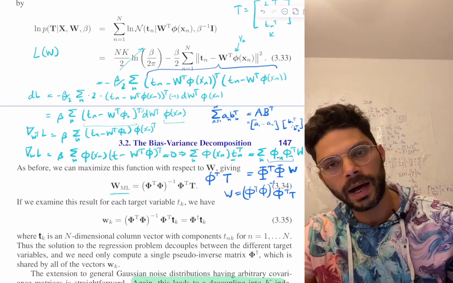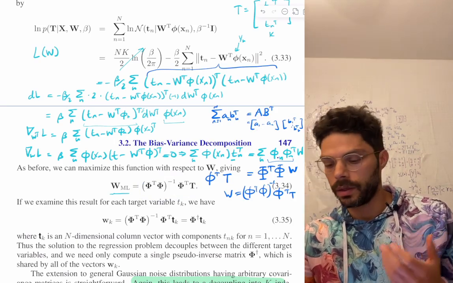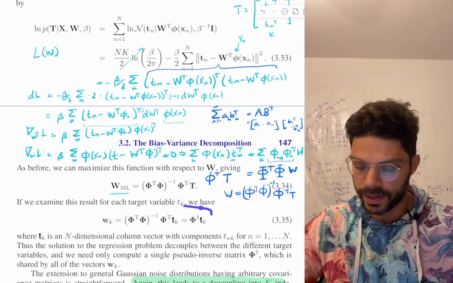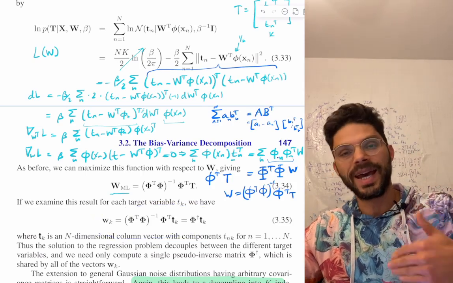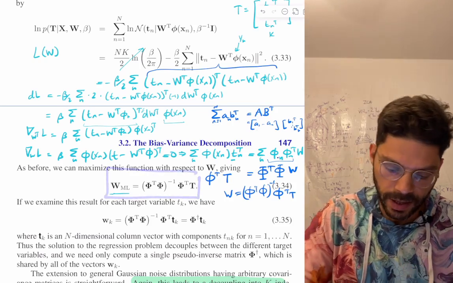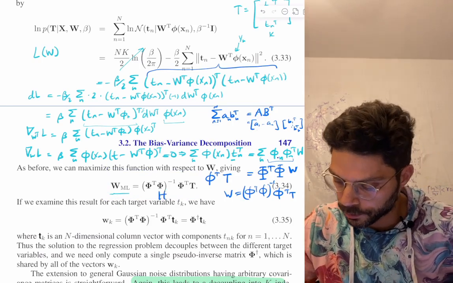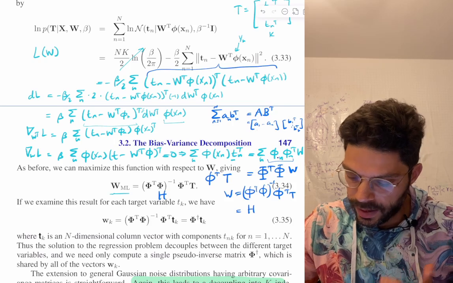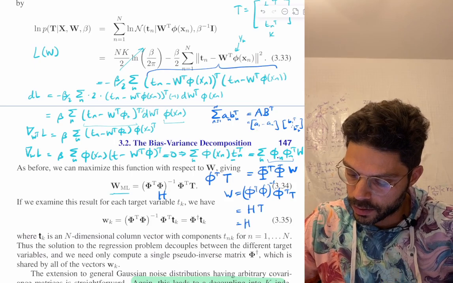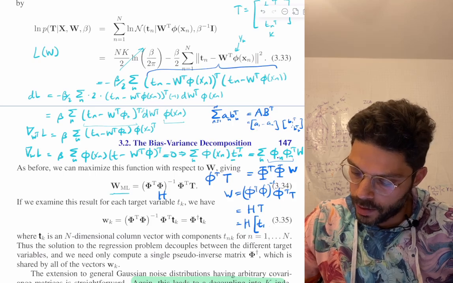But if you'd forgotten how to differentiate matrices, in this particular case you would have been okay, because you could just recognize that this is just K independent problems. If we unpack this, the matrix T is t1 all the way to tk.